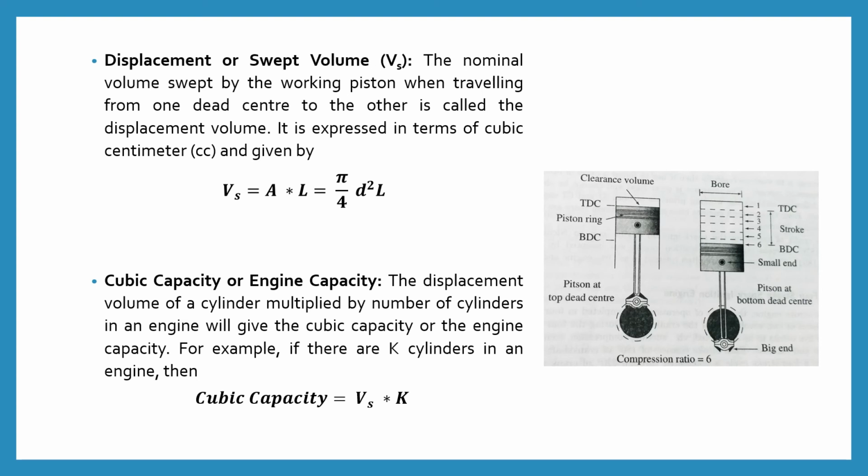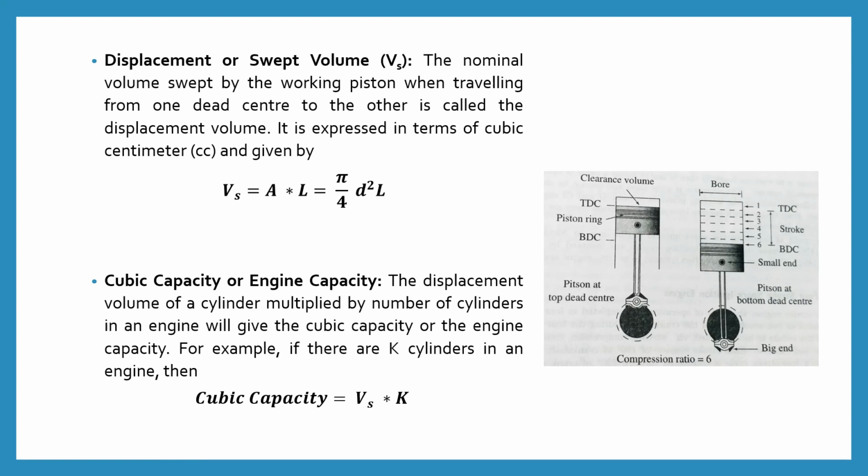Next is cubic capacity or engine capacity. The displacement volume of a cylinder multiplied by the number of cylinders in an engine will give the cubic capacity or the engine capacity.